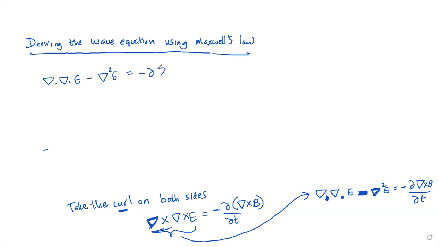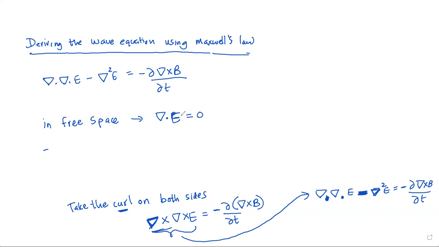So if we take a free space, the amount of electric charges in the free space is what? Do we have electric charges in the free space? So what is the value of this divergence of electric field? 0, right?